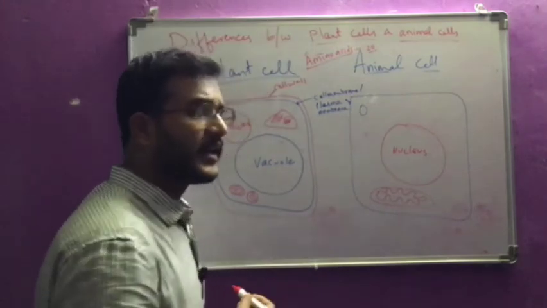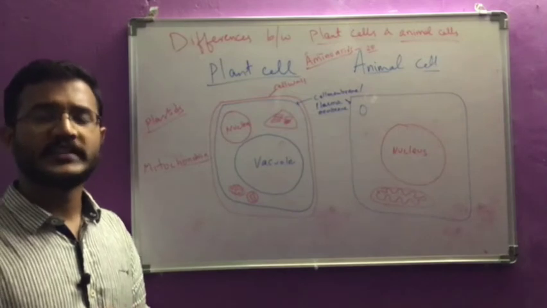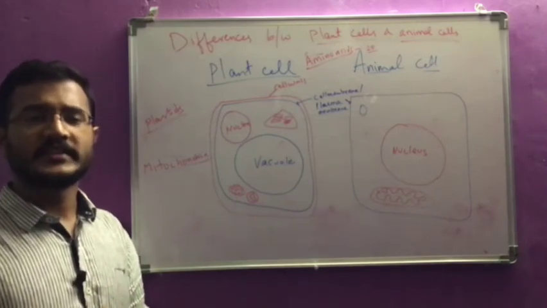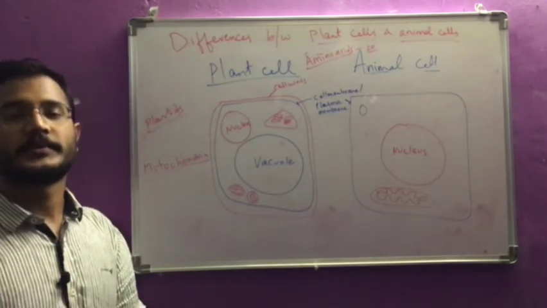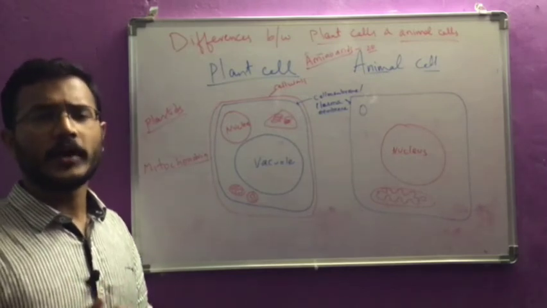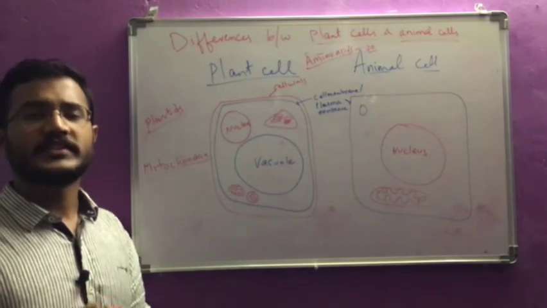So here the plant cell can synthesize almost all 20 types of amino acids, coenzymes, vitamins, everything. But the animal cell cannot synthesize almost all the types of amino acids. They can synthesize very few amino acids. And animal cells cannot synthesize vitamins.